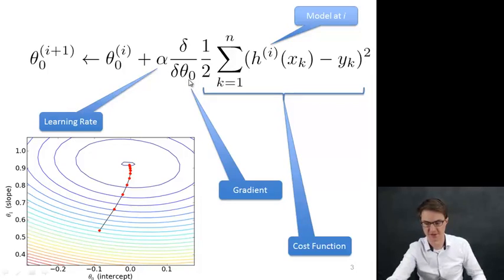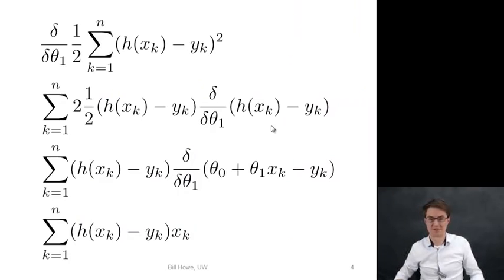Now we just need to differentiate this with respect to the parameter that we're updating, in this case theta 1. This is elementary college calculus, but just to show the steps on one slide: push the partial derivative through the sum and then apply the chain rule to get these 2 factors. Remember that h, our model, is just a linear model, so we're multiplying the x value times the slope parameter and adding in the y-intercept.